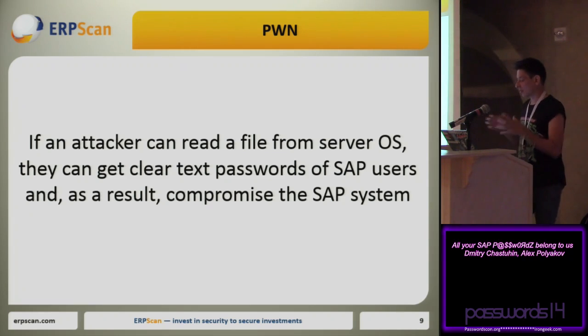Just view our previous presentation about that, and you will find a lot of information about these vulnerabilities. But in this talk, I will show where attackers can grab SAP passwords if they have access to the SAP file system.